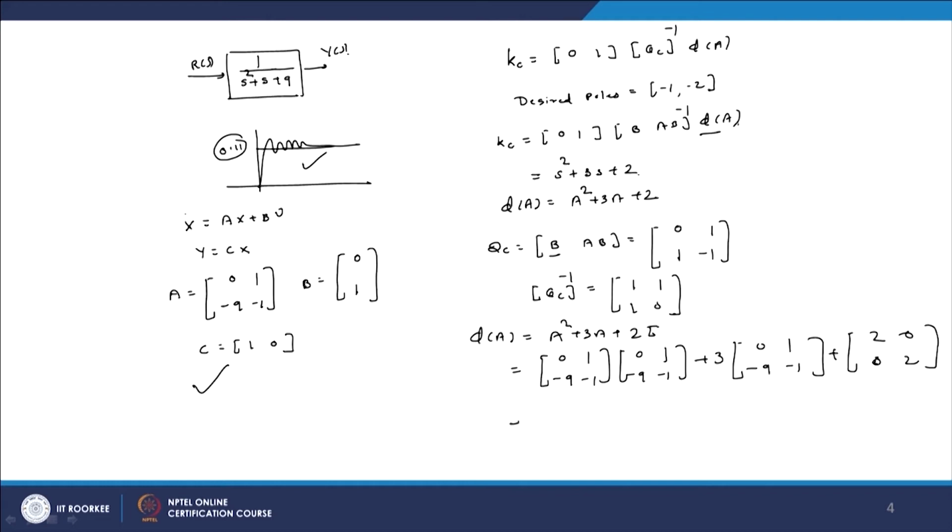So, after solving you will get [minus 7 2; minus 18 minus 9].